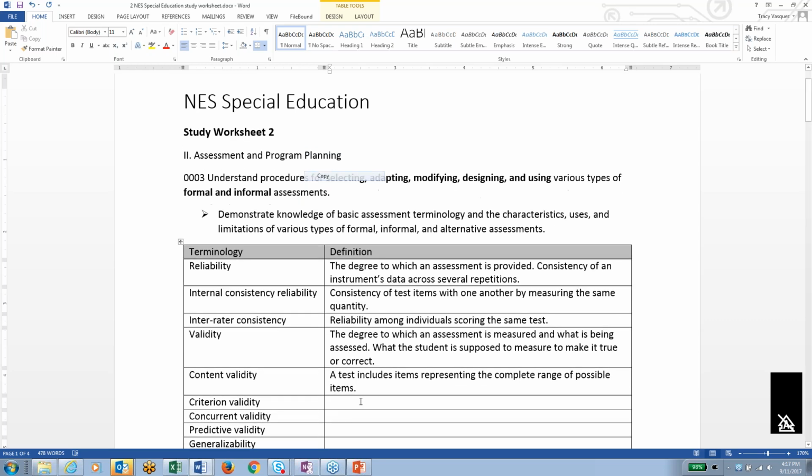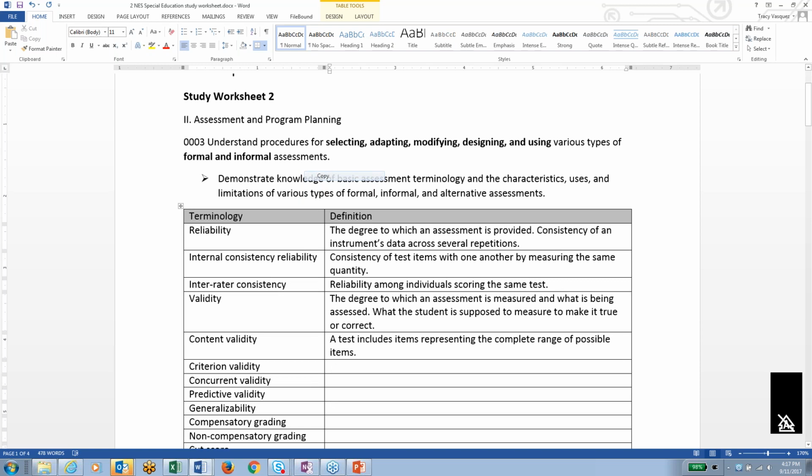Okay, let's go on to criterion validity. Criterion validity means a test's scores effectively measure a construct according to established criteria.